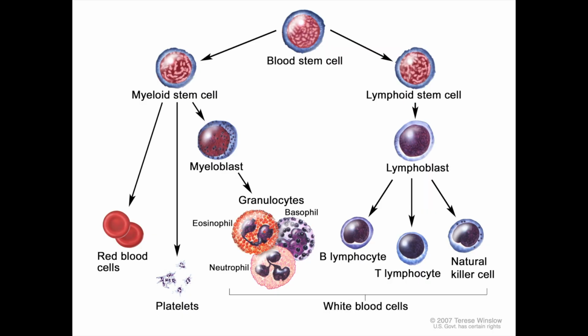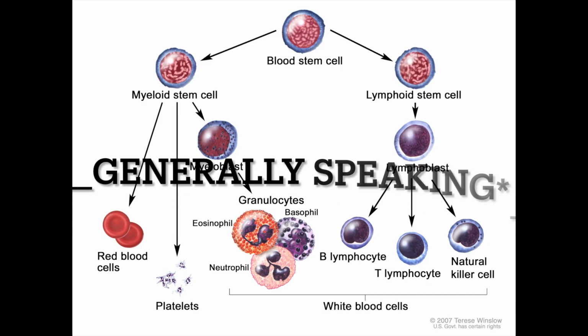But then there's also myeloblasts, which create granulocytes, which generally, apart from neutrophils, are only really targeted towards parasitic infections, so I won't really mention them today. And then this lymphoid lineage is what is found in the adaptive immune response.